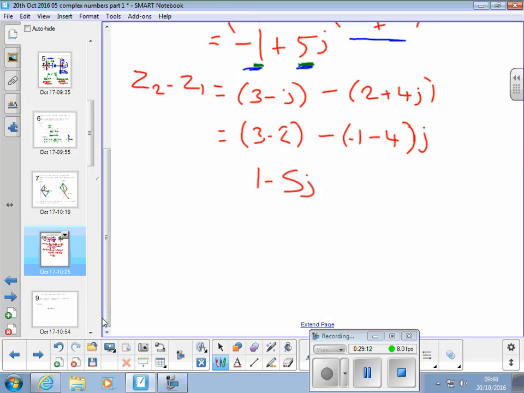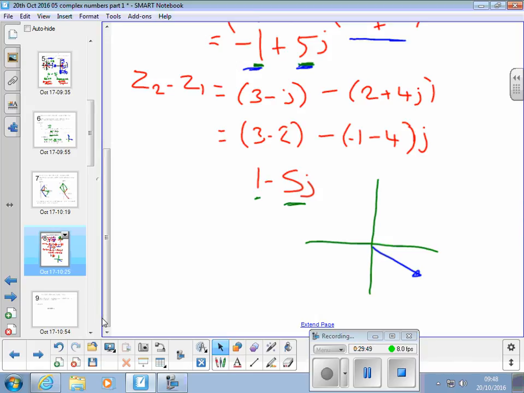The last one, 3 minus j minus 2 plus 4j. So we do 3 minus 2, 1, minus 1 minus 4, is minus 5j. Yep. And does that work? We've got the vector 3 minus j, so that's down there roughly.